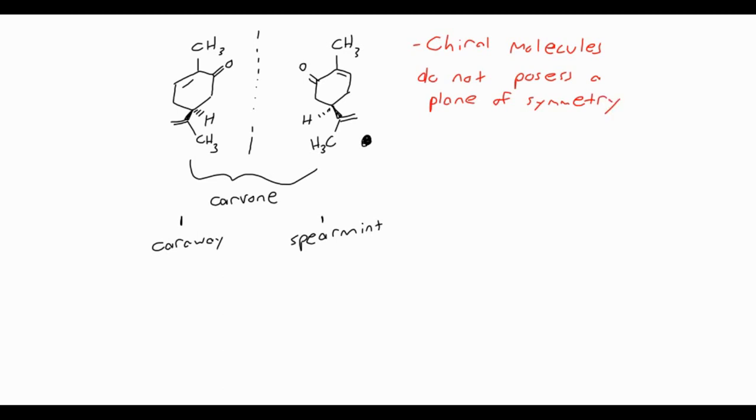So for example, for Carvone here, we can't find any plane of symmetry through this molecule. There's nothing really symmetrical about it. And also they have carbons with 4 different substituents. So that's something to look for whenever you're trying to determine if a molecule is chiral.